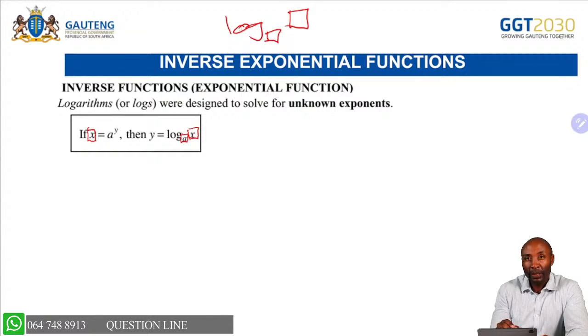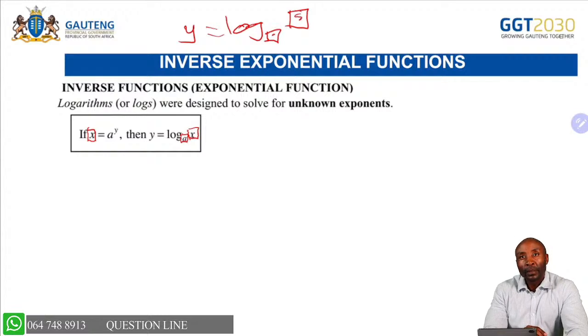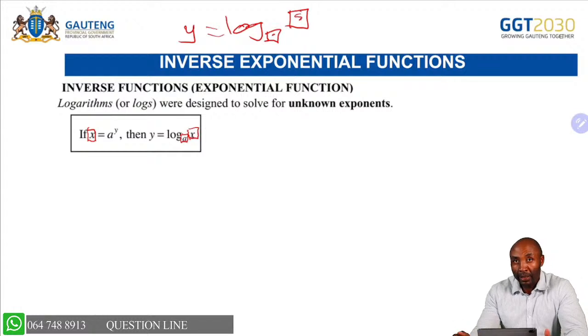Once you press on that button, it shows on your screen whatever is your base. It's what you are going to put under the first one. Whatever is the value, you are going to put it under the second part of our button there. It will be flickering on our screens, on our calculators, and we use this to solve unknown exponents, and it will always give us an answer.